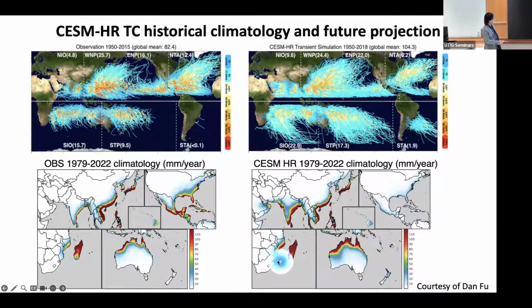Again, the model is doing a quite decent job in reproducing the hurricane-related rainfall. Not perfect, right? And one of the major issues, again, is in our region. The model underestimates the rainfall quite significantly. But over the Western Pacific and the Indian Ocean sector, the model is doing a quite decent job, right?